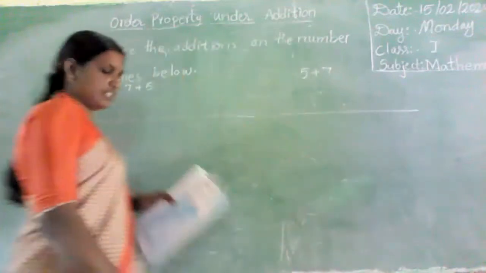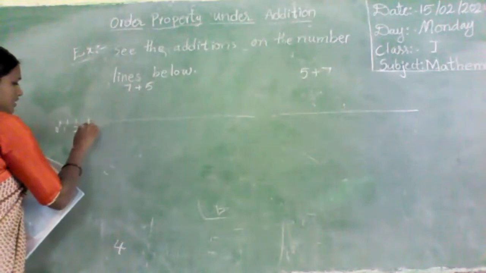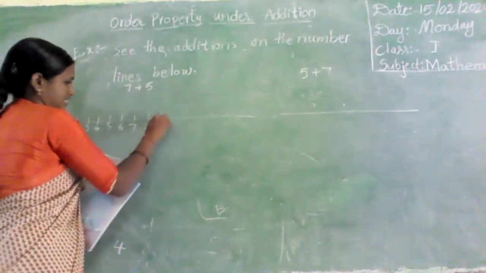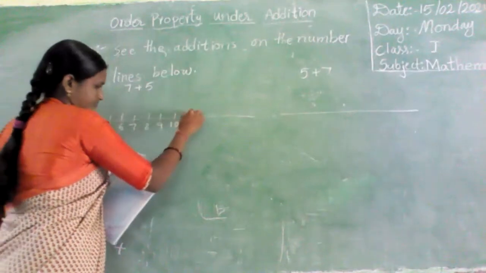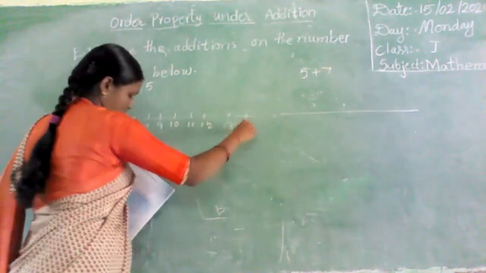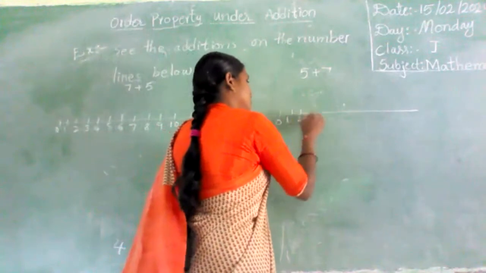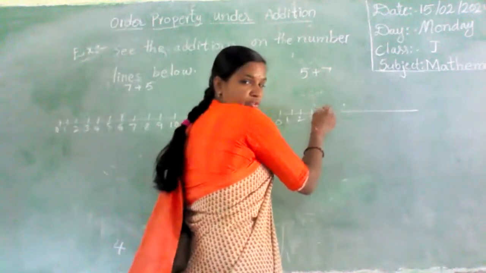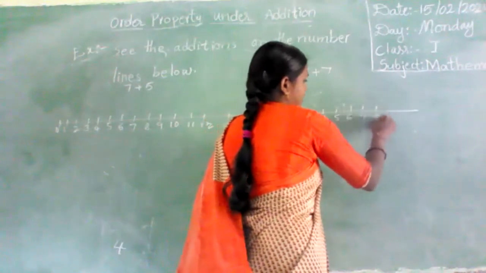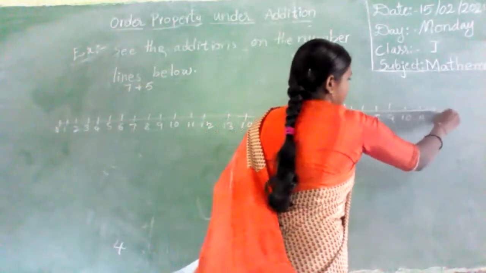So first, 0, 1, 2, 3, 4, 5, 6, 7, 8, 9, 10, 11, 12, 13, 14. Now, 0, 1, 2, 3, 4, 8, 9, 10, 11, 12.